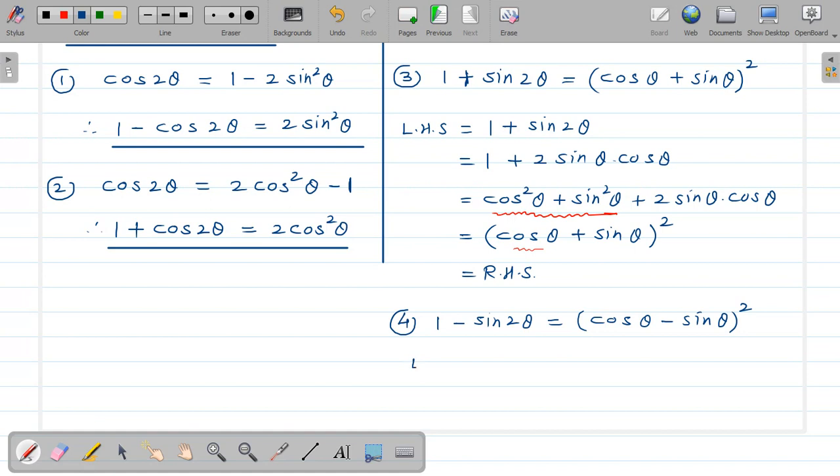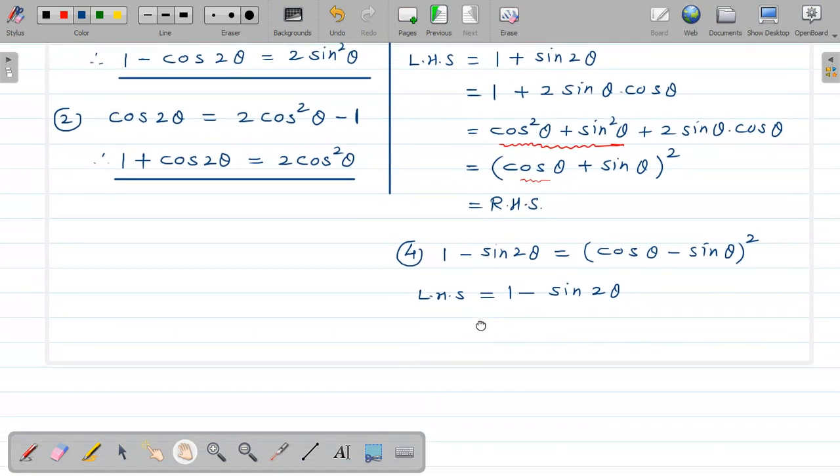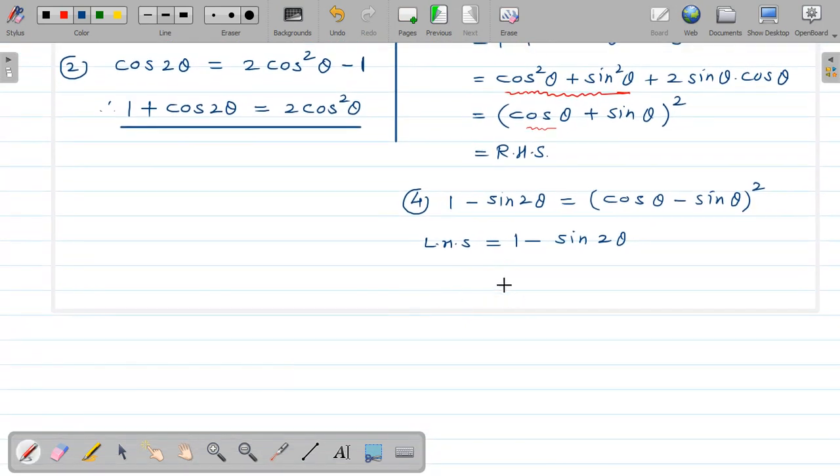Now again, if you want the proof of this, I will take the LHS, that is 1 minus sin 2 theta. Now I will express it as 1 as it is, minus sin 2 theta, which can be written as 2 sin theta into cos theta. Now again I will replace 1 as cos square theta plus sin square theta.